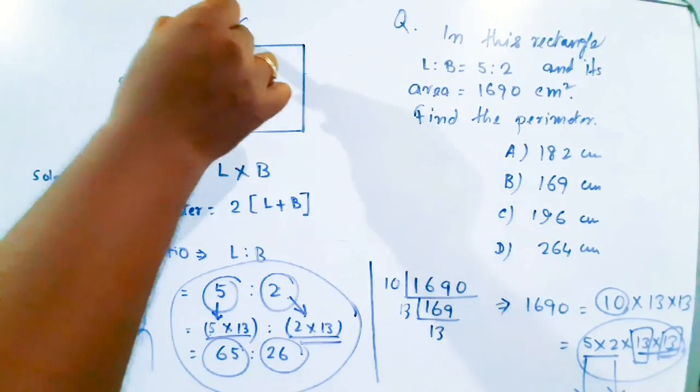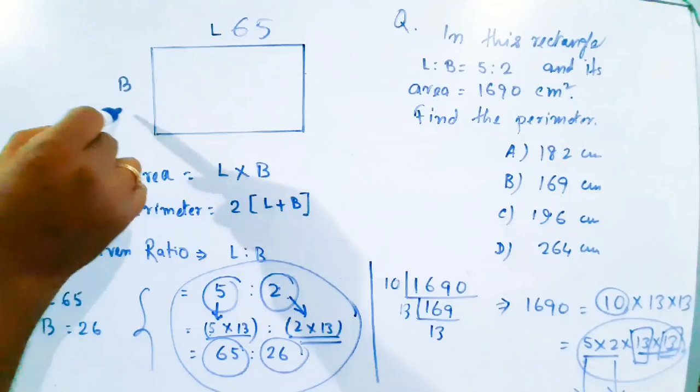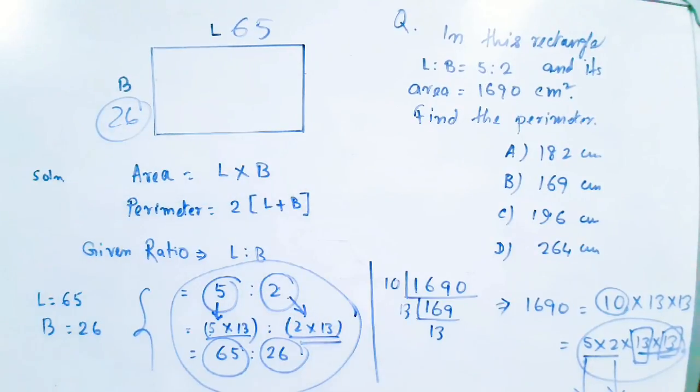So if this is 65 and this is 26, then the area must be 1690. We can multiply 65 into 26. So the length is 65. This is the trick, and the breadth is 26.